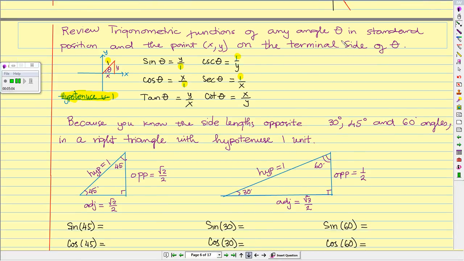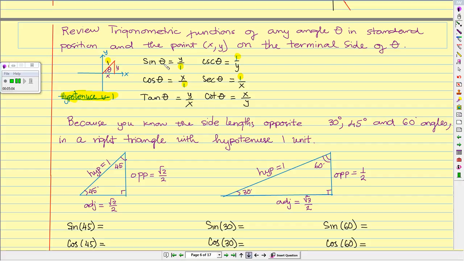If we want to find the trigonometric function of any angle theta in standard position with the given point x, y, which is the ordered pair on the terminal side of the angle theta, to be convenient, we are going to sketch a right triangle in quadrant 1, where our x and y values are positive numbers, and the hypotenuse we want to be 1, to make it easier.